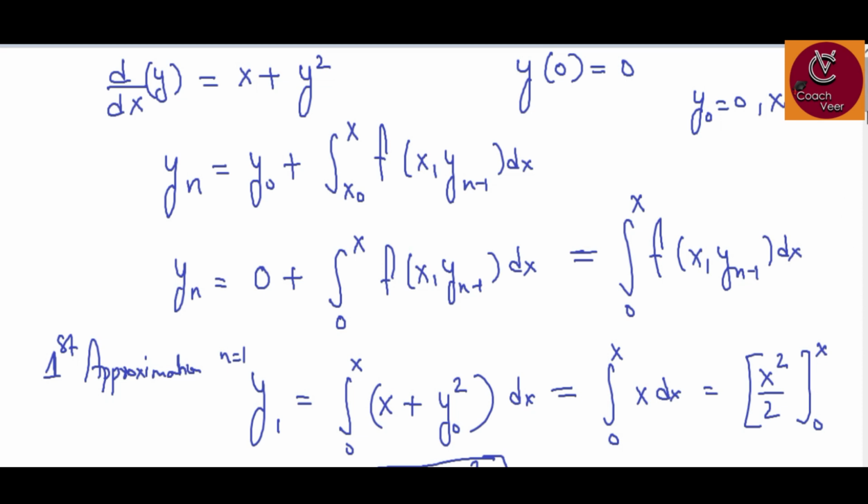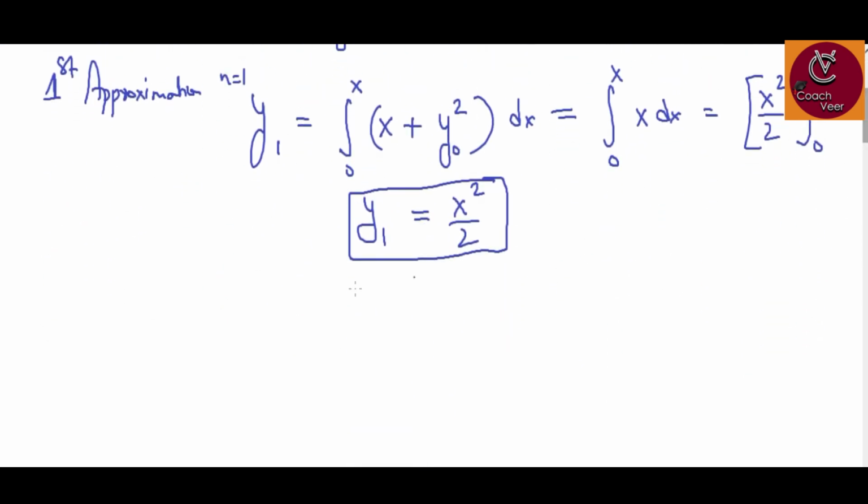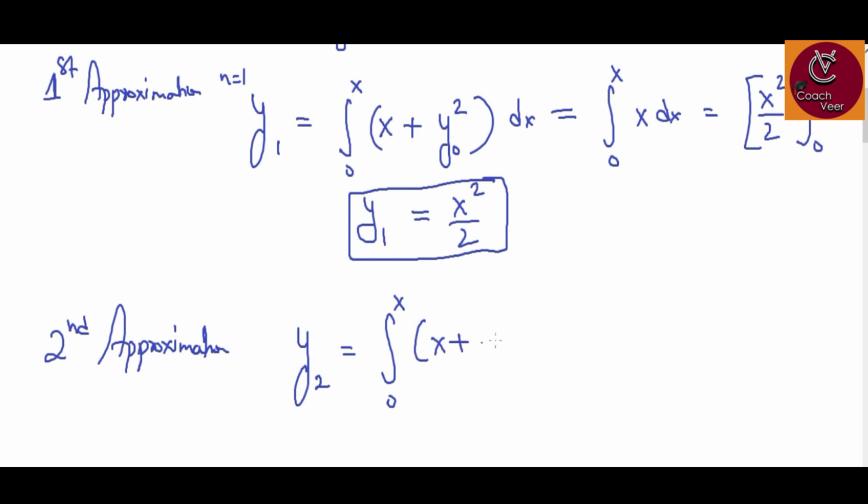Let's go for the second approximation. For the second approximation, I am writing y2 is equal to y naught, which is 0, so I am not writing it again. Then x plus y1 square dx.